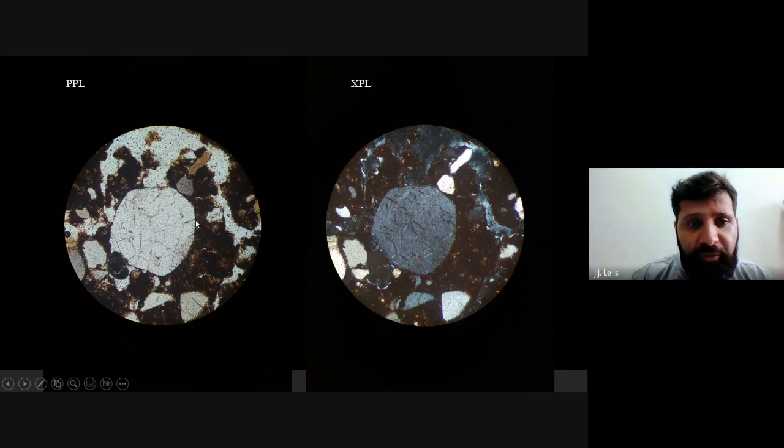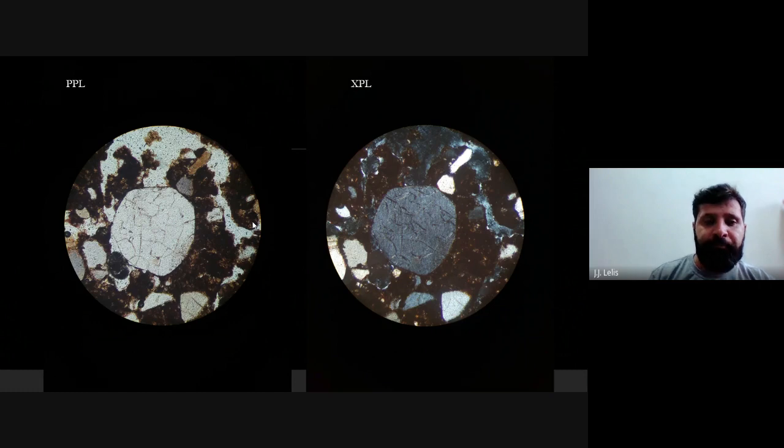If the fine fraction has the same color in the PPL and the XPL, it tells us that this fine fraction is composed of iron oxides or manganese oxides and/or soil organic matter. So this fine fraction could be rich in soil organic matter or rich in iron or manganese oxides. Okay. There is another option too.